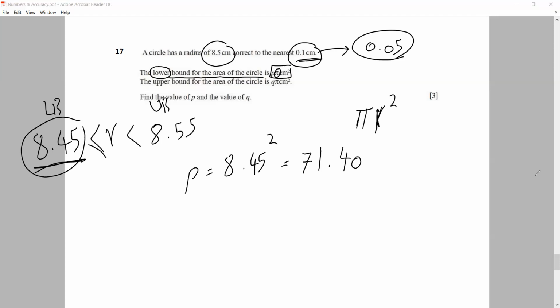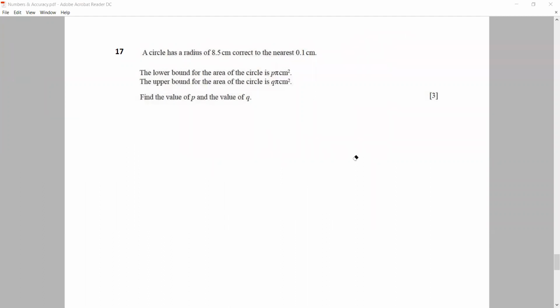And for Q, the upper bound is basically 8.55 raised to the power of 2. And that should give me 73.1. Yeah, that's enough. So that's the final answer. Very straightforward. Moving on to the last question.